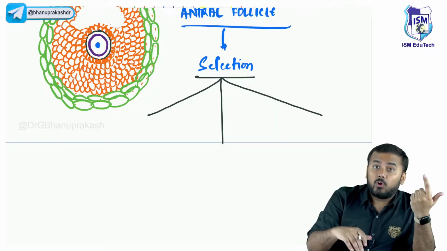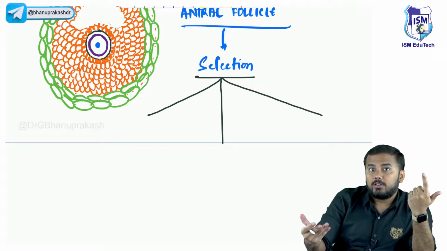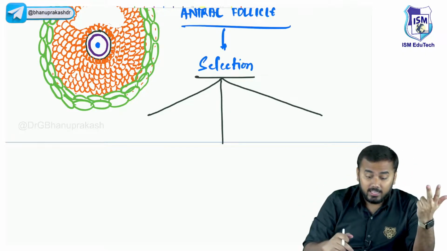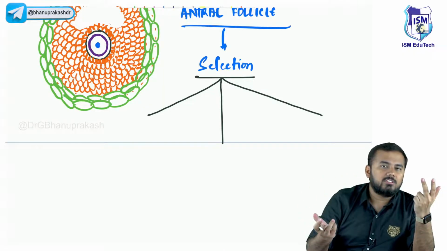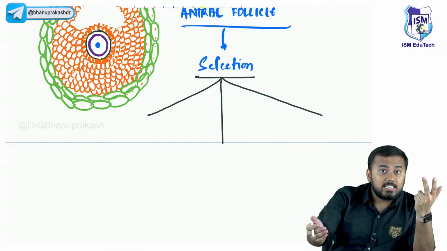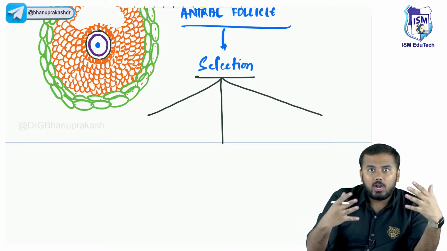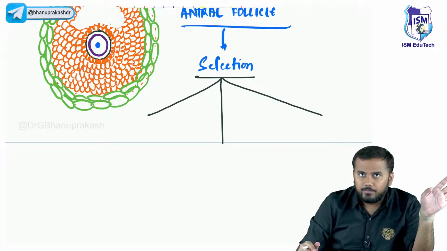Second, if this follicle is releasing estrogen, it is selected. If it is not releasing estrogen, it is not selected. Third, if this follicle is listening to FSH, meaning it is sensitive to FSH, is it growing with the help of FSH or not? If it is not growing, it means it is not listening to FSH. So those are not selected.